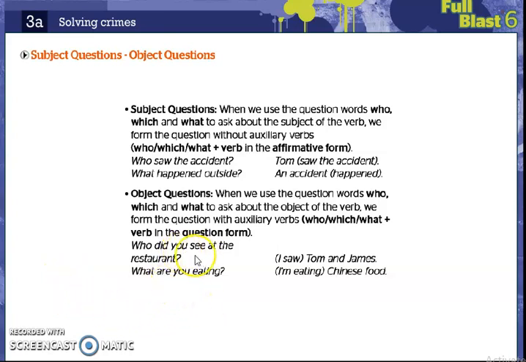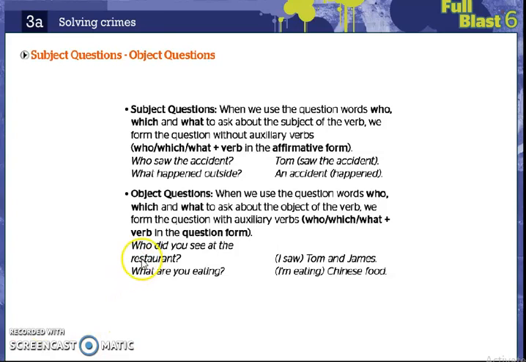The auxiliary verb means helping verb or فعل مساعد. When we use the present simple, the auxiliary verb is do or does. But when you ask in the past simple, the auxiliary verb is did.